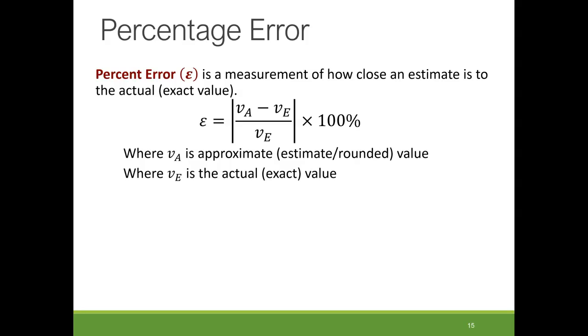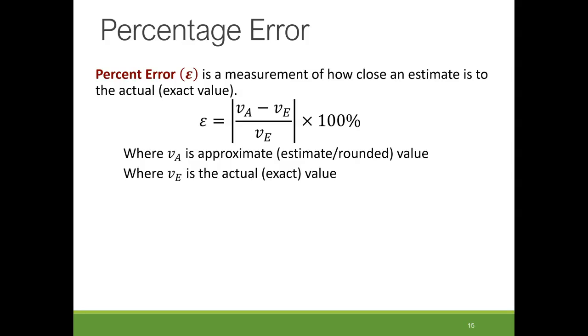So your percent error would be the difference between your approximate and the exact, divided by the exact. We'll take the absolute value of that because the error is kind of a positive number only, and then multiply by 100 to get a percentage. Does this look familiar? Have we done this in our science class? Many of us are shaking heads saying, I've seen this calculation before.